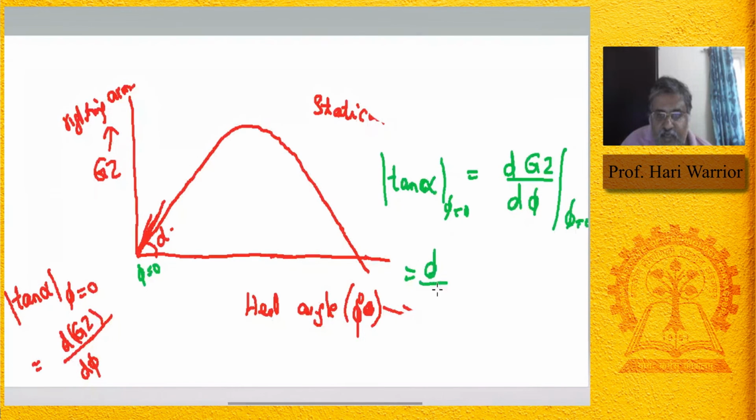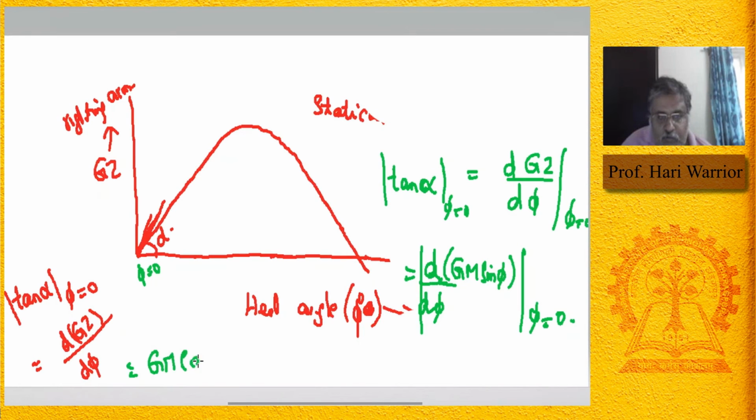This is equal to d by d phi of GZ, which is GM sine phi, at phi equal to 0, which is equal to GM cos 0 plus 0 sine 0.